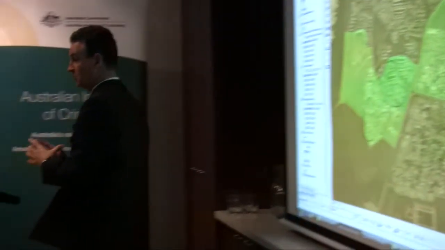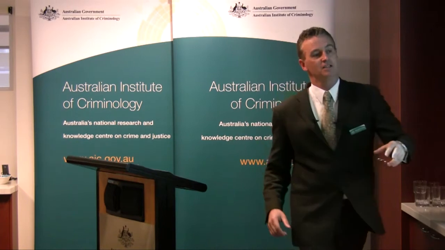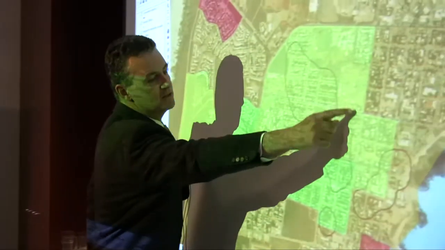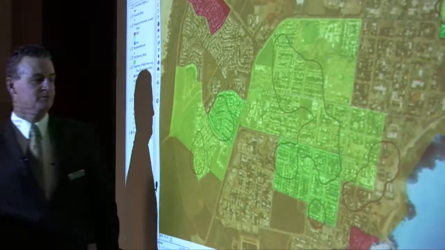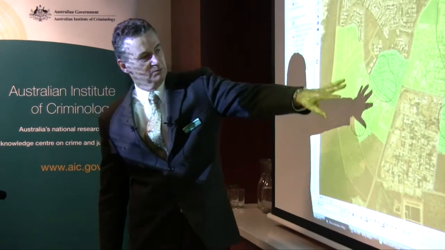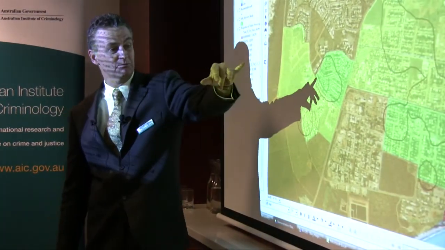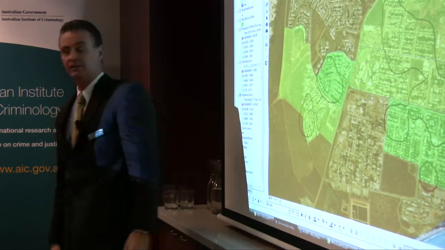This allows us to be quite specific, which is a huge advantage. Each of these little squares you see is a collection district. So you can see there's a reasonably good approximation between the percentage of Indigenous and crime. And that occurs all over this particular state.